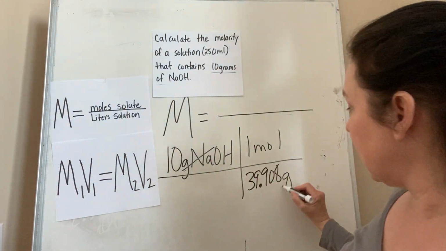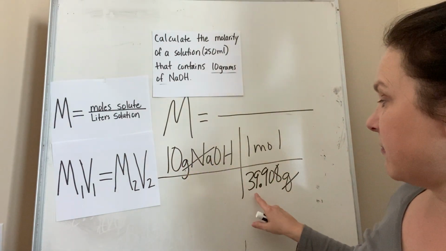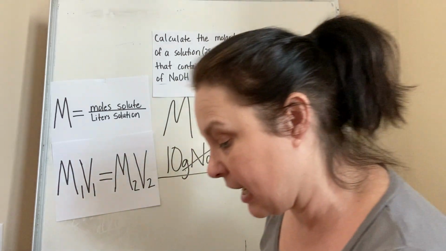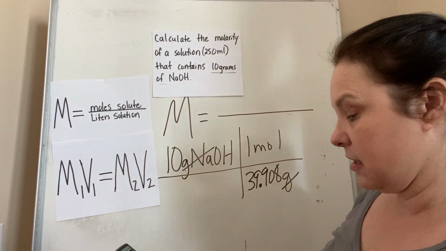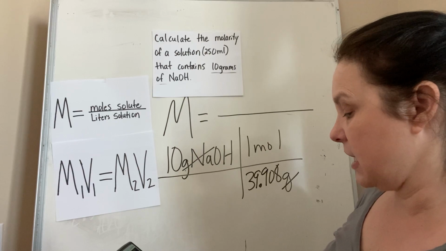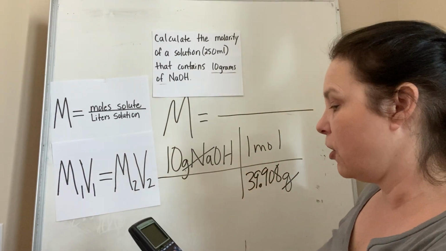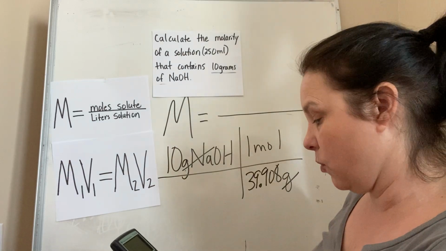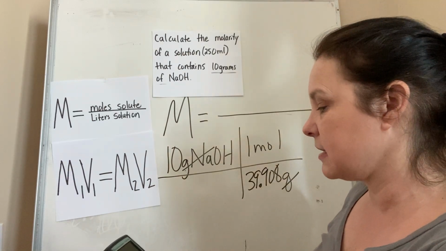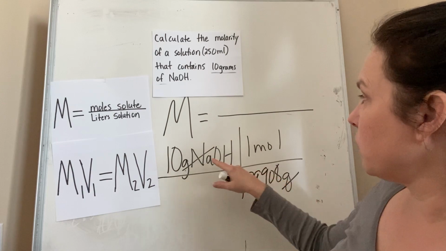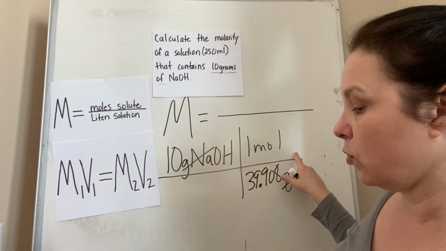And this is going to cancel out my grams. So I'm going to say 10 divided by 39.908. Now, what I just did was change this into moles.